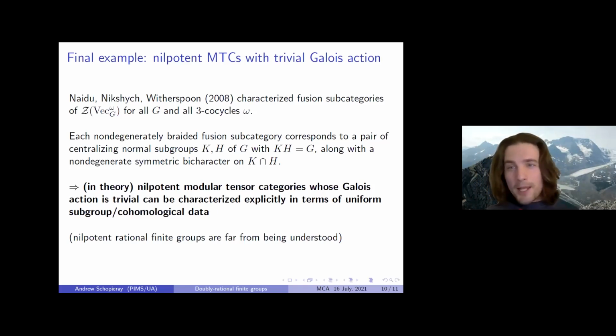And it's quite amazing that all of the doubly rational finite groups of order less than 100 sort of all fit into nice families, except for a couple. And I don't think that these are exceptional in any sort of way. It's just that we haven't found what infinite family they belong to yet. So there is still some hope that you could use some sort of brute force method to lump all of these into families.